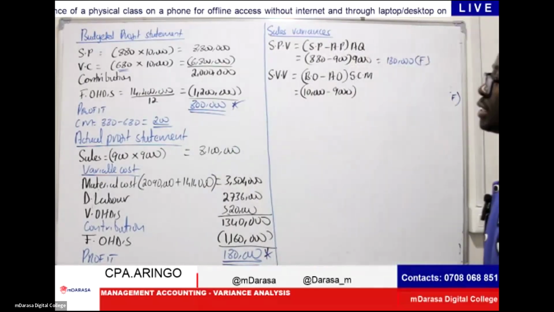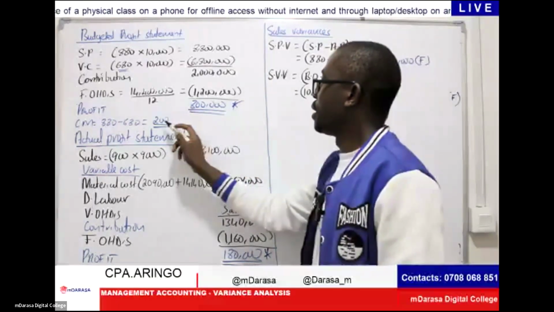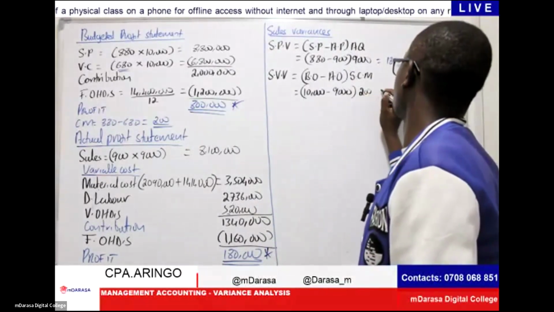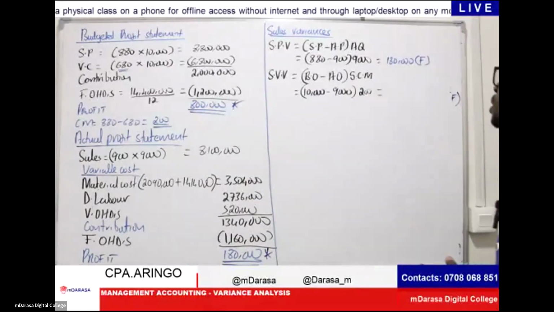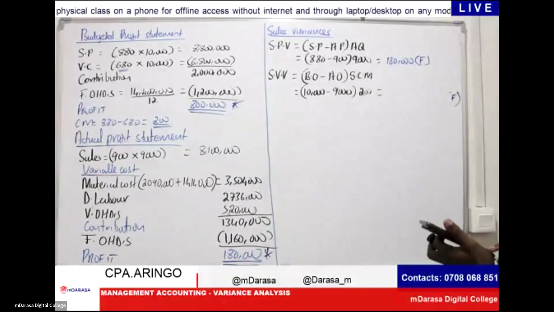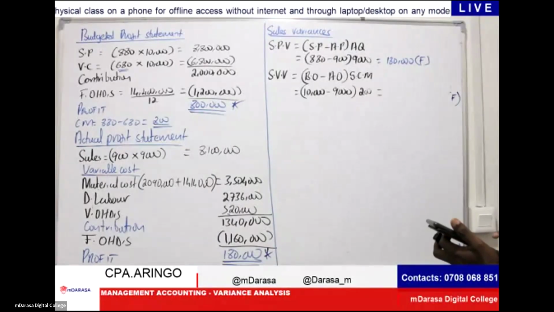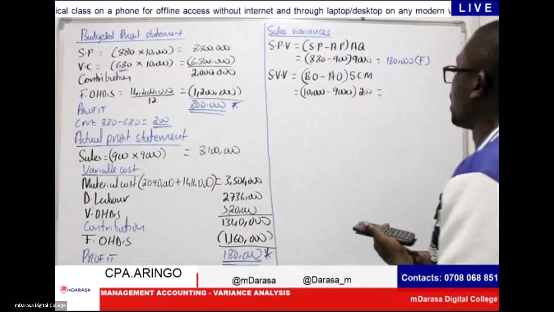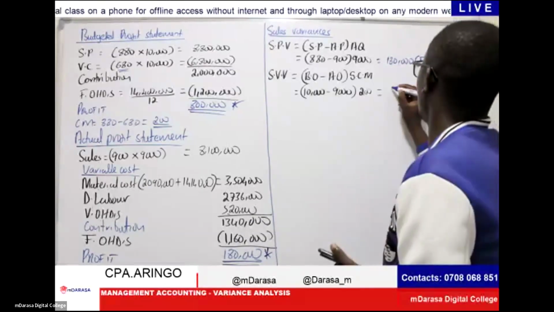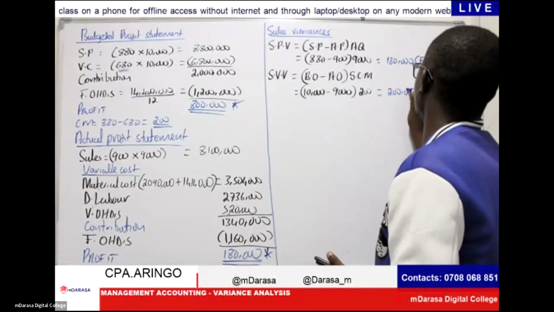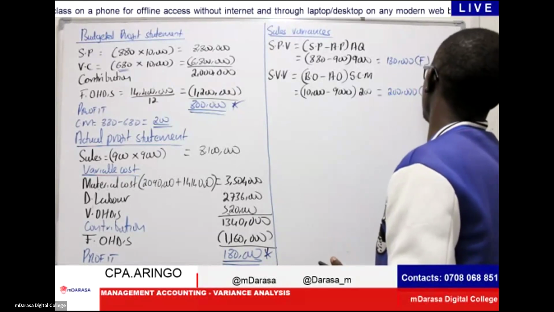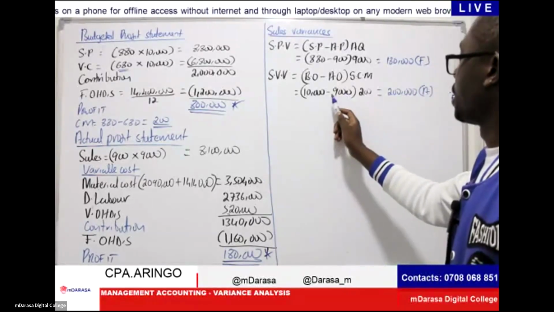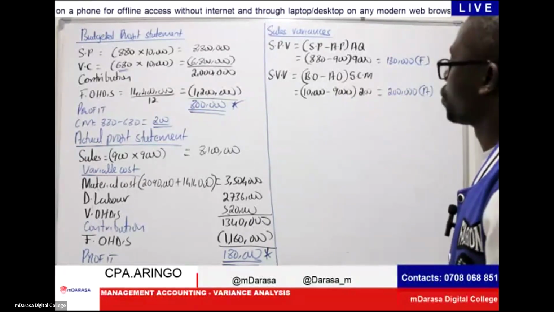Our contribution margin, we had already computed to be 200. So our variance is 10,000 minus 9,000 times 200, which gives us an adverse variance of 200,000, because we are selling less than what we had anticipated.